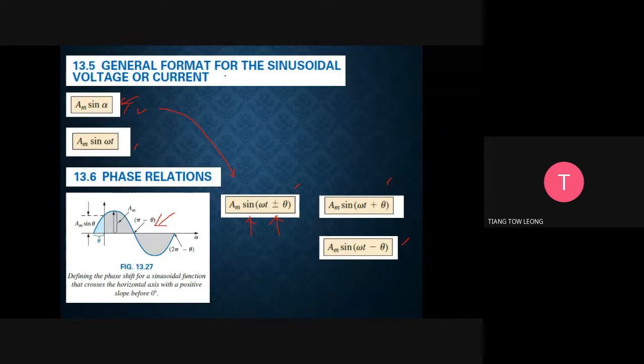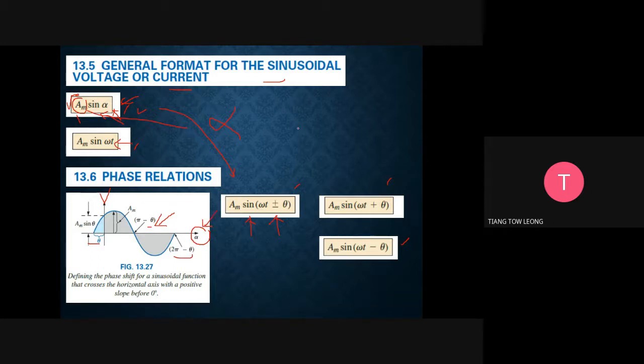Okay, so the general format for the sinusoidal voltage or current actually comes from here: Am sine alpha. Am is the peak, and alpha is actually this one. Then this is a V, for example, V equals Am sine alpha. But alpha inside has so many things, right? What they need to do is change it into rotational.